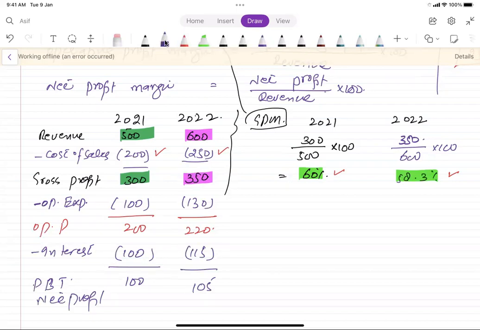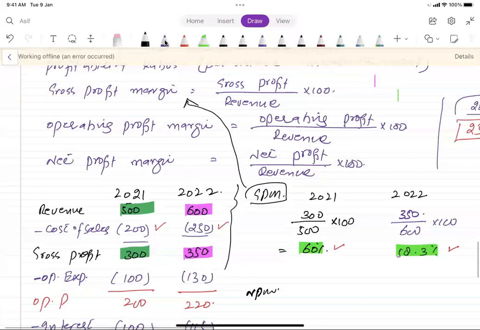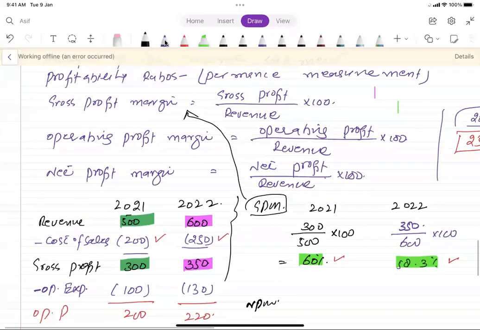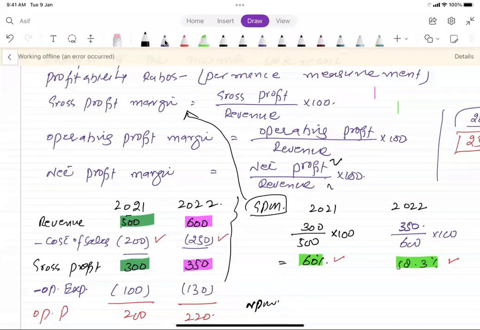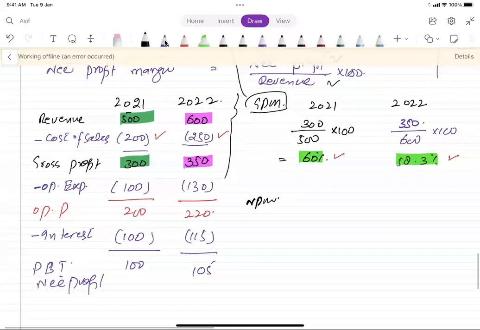But if we calculate the net profit margins, the formula for net profit margin is net profit over revenue multiplied by 100. Putting the formula: 100 over 500 multiplied by 100, and then 105 over 600 multiplied by 100.